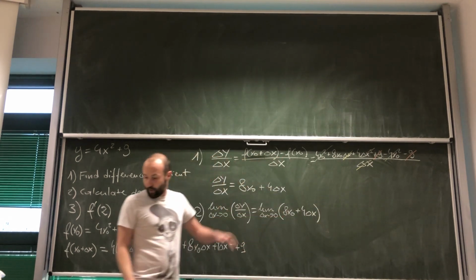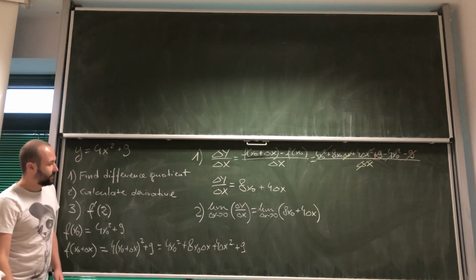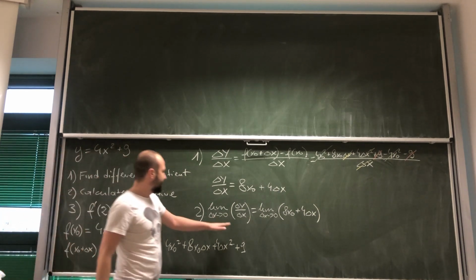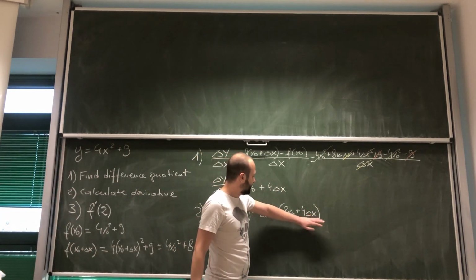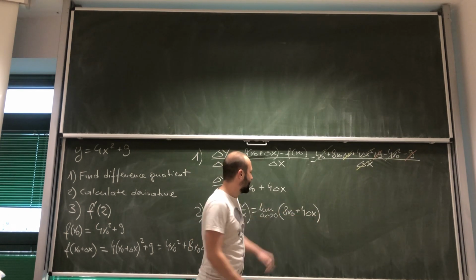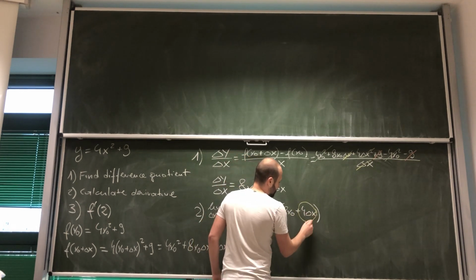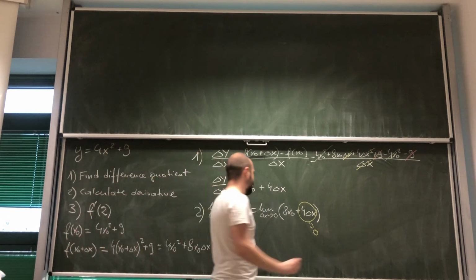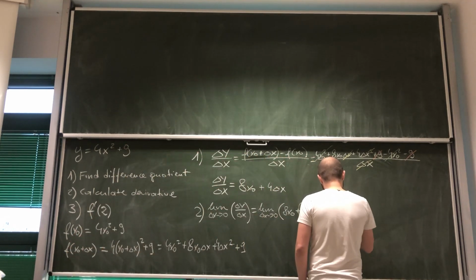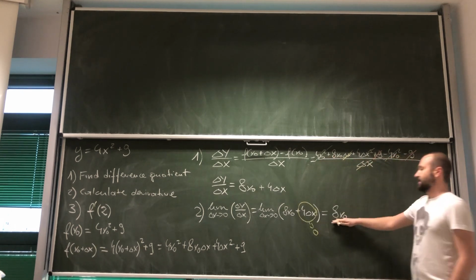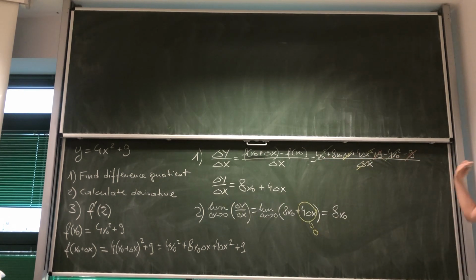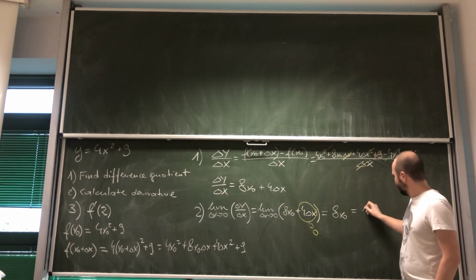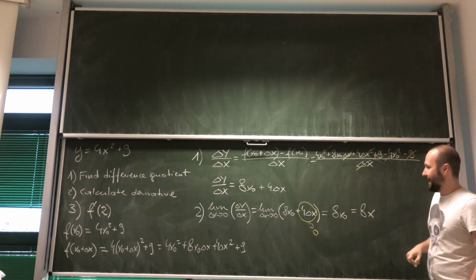Now, we can easily see that if delta x approaches 0, delta x turns into 0, 4 times 0 is just 0. So we get 8x0. But because x0 can be any number, we can just write it as 8x.